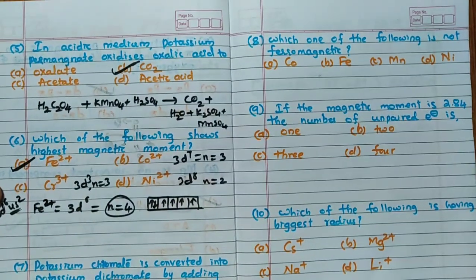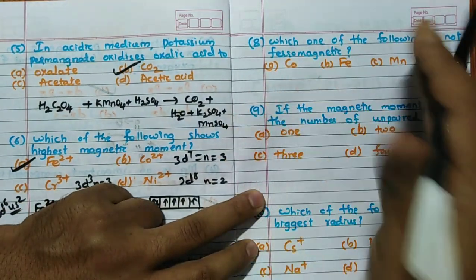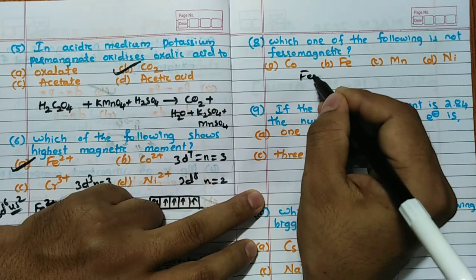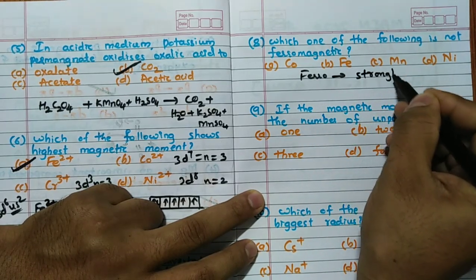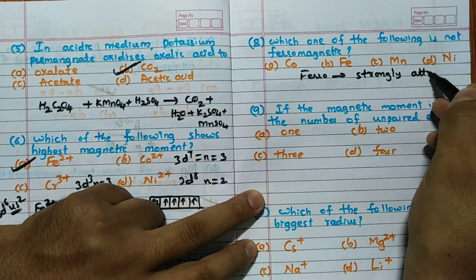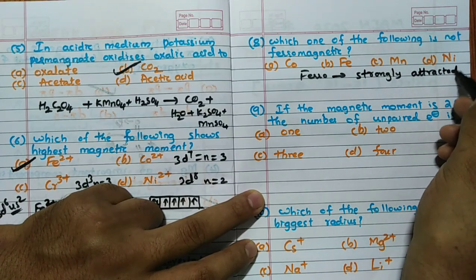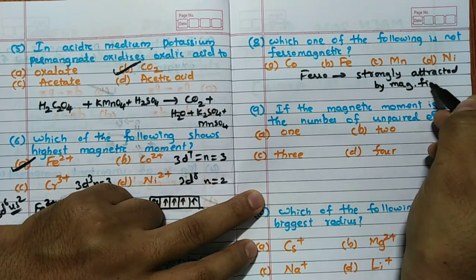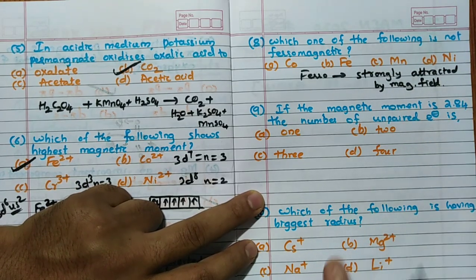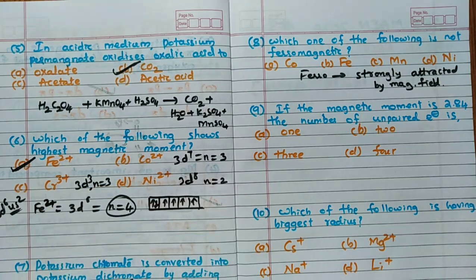Which of the following is not a ferromagnetic? Remember, ferro is nothing but strongly attracted by the magnetic field. This can be determined only with the help of experimental observation.